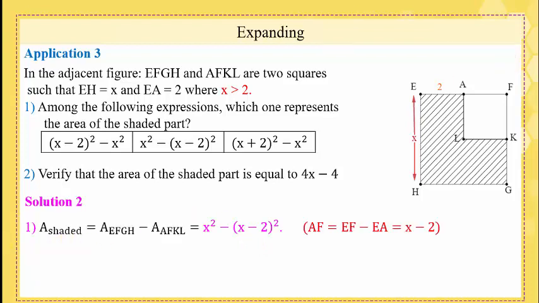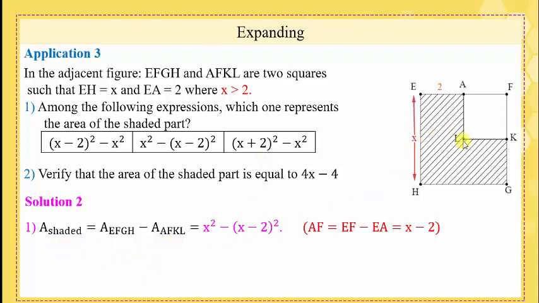Solution. Part 1. Area of shaded part equal area of EFGH minus area of AFKL, since the area of the shaded part equal area of the big figure minus area of the small figure. Since EFGH is a square, so its area is side square. Its side is x, so the area of EFGH is x square, minus the area of AFKL.